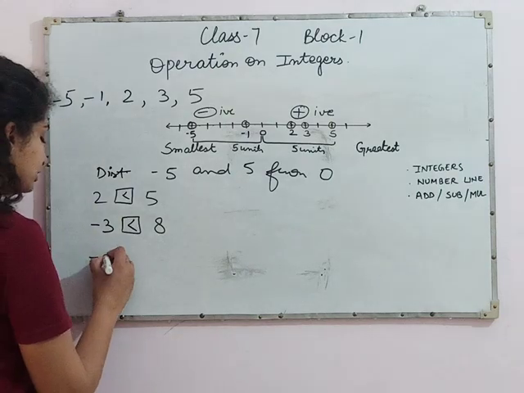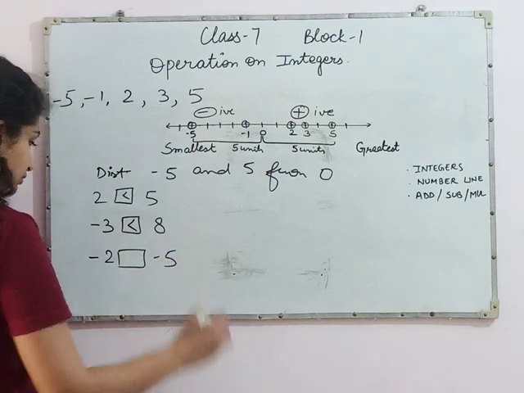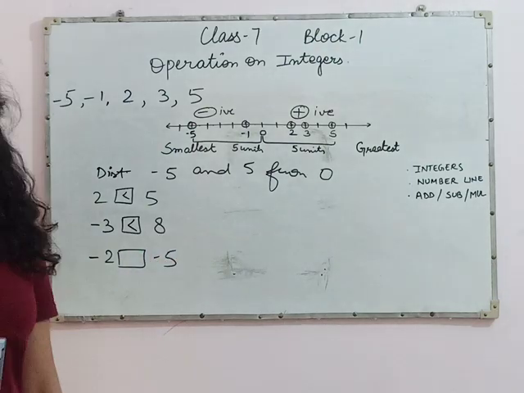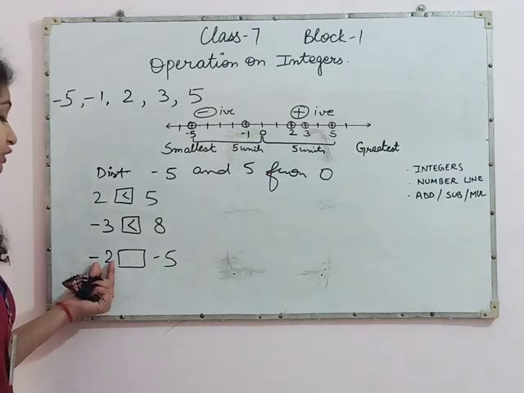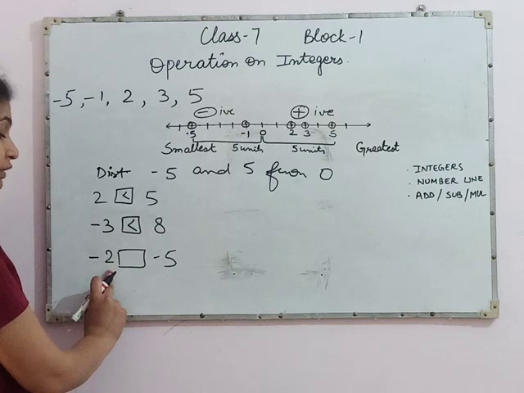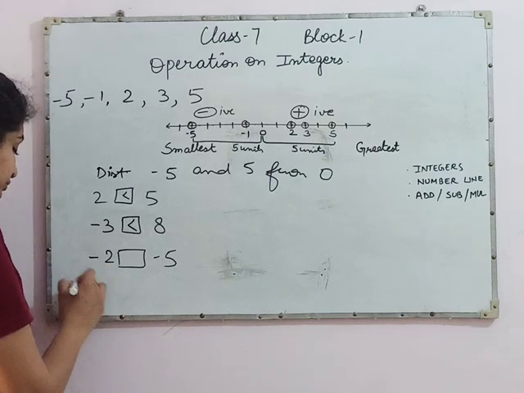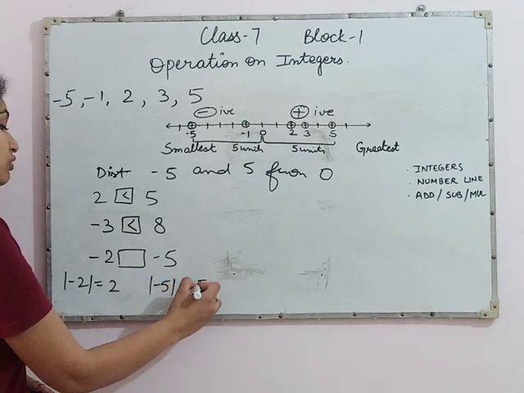If we have to compare two negative numbers, suppose minus 2 and minus 5, we have to take the absolute value. What is absolute value? Taking the value of a number without its sign. So the absolute value of minus 2 is 2 and the absolute value of minus 5 is 5.